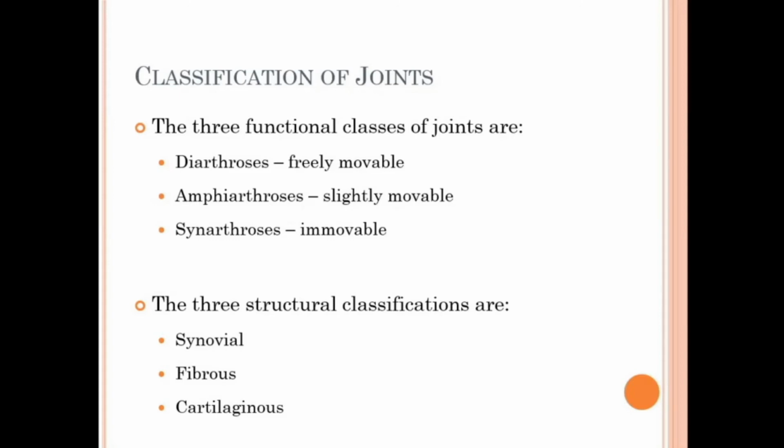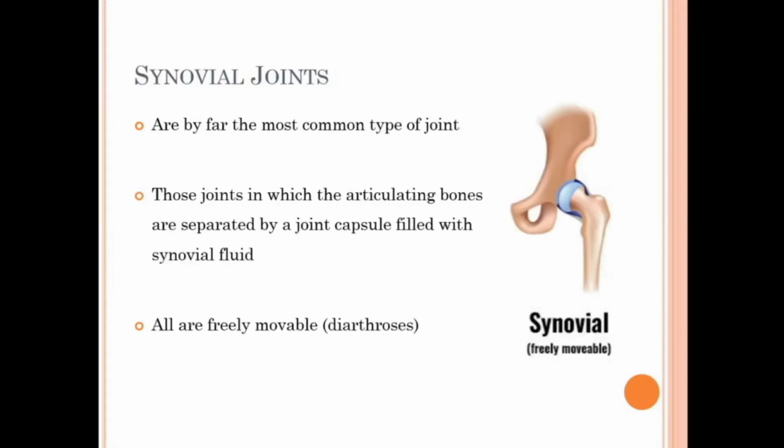And if they are cartilaginous type of joints, where cartilage is providing the gluing material for the two bones to join together, they are called cartilaginous joints. Right, so these are the two basic criteria depending on which we can divide articulations or joints into three different categories. So let's start with the synovial joints.